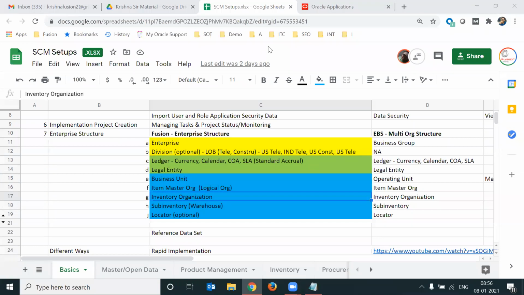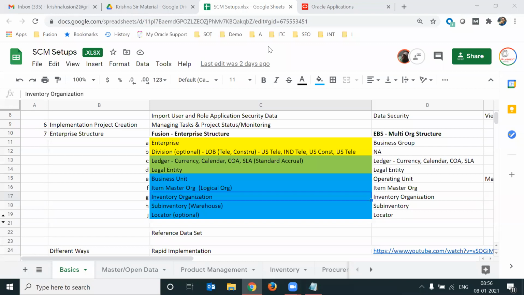That e-commerce company is located in how many places? Hyderabad, Bangalore, Pune, many. That is inventory organization. So inventory organization is the technical terminology, but what word do you use to call them, like Hyderabad, Bangalore?